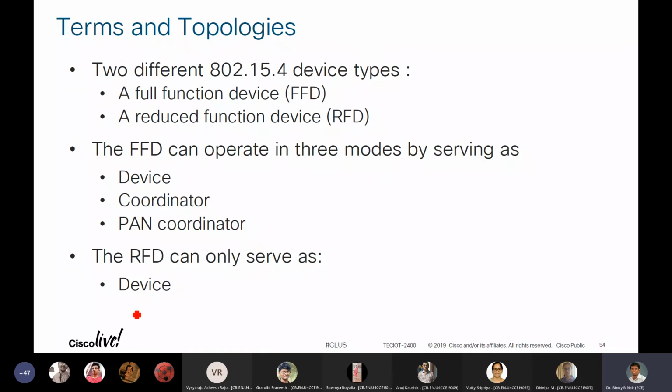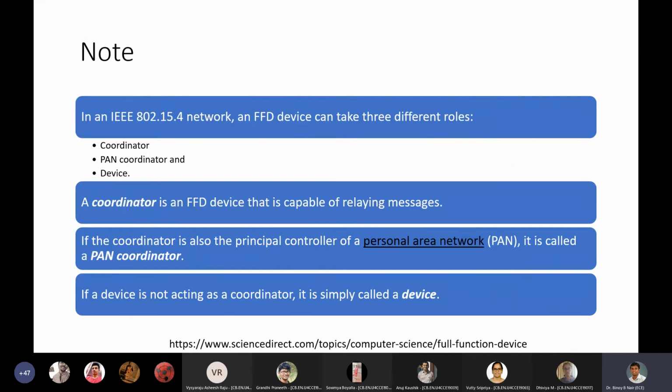What do these three things mean? We'll see next. A coordinator is a full function device that can relay messages, which means it can pick the message from some place and transfer it to the next node. When you have a device with that capability, you will have a coordinator type device.